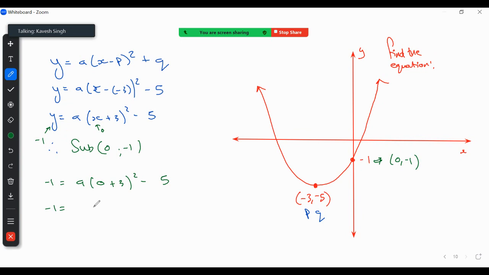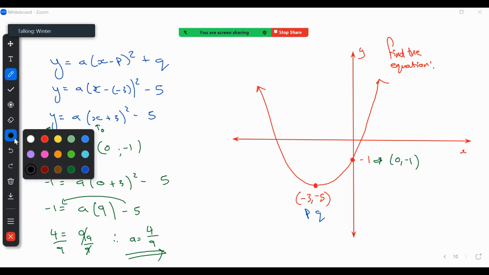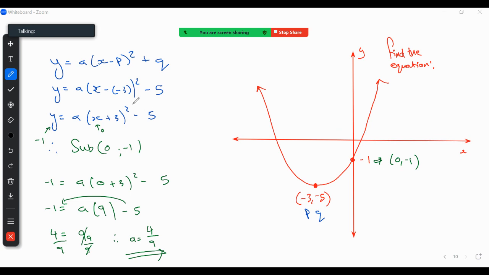And that'll be negative 1 equals a times 9 minus 5. That becomes 4, that becomes 9a. We divide by 9 on both sides, and so we get a equals 4 over 9. So I can put that back in here, and I'm now done.